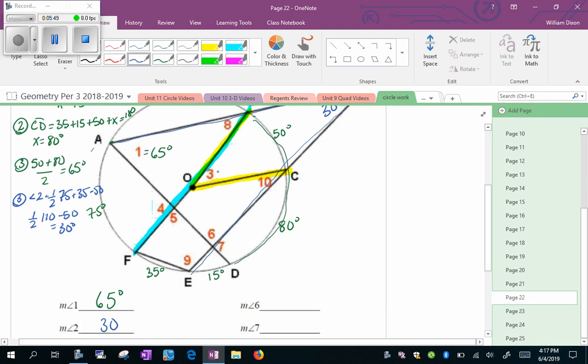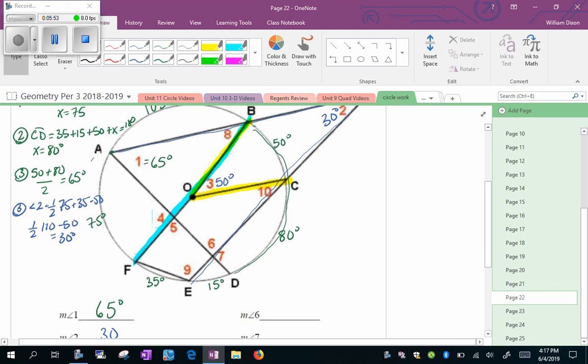Just out of curiosity, if this is 50, this is a straight line, so that's going to be 130 degrees. But let's see if that comes into play or if we need that.